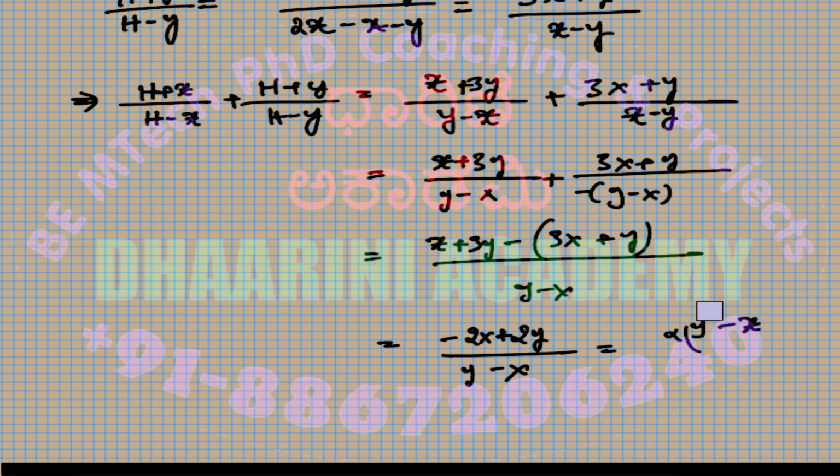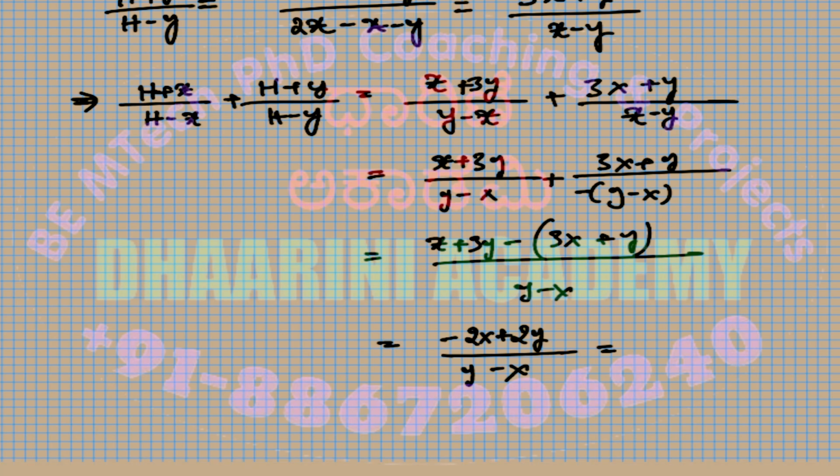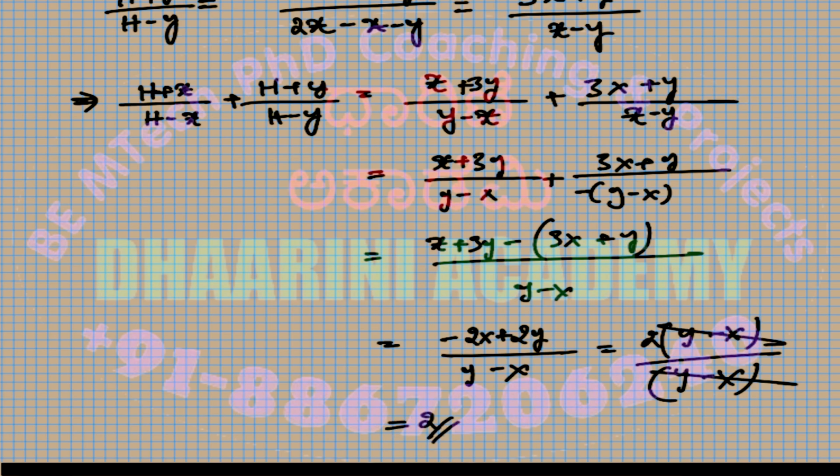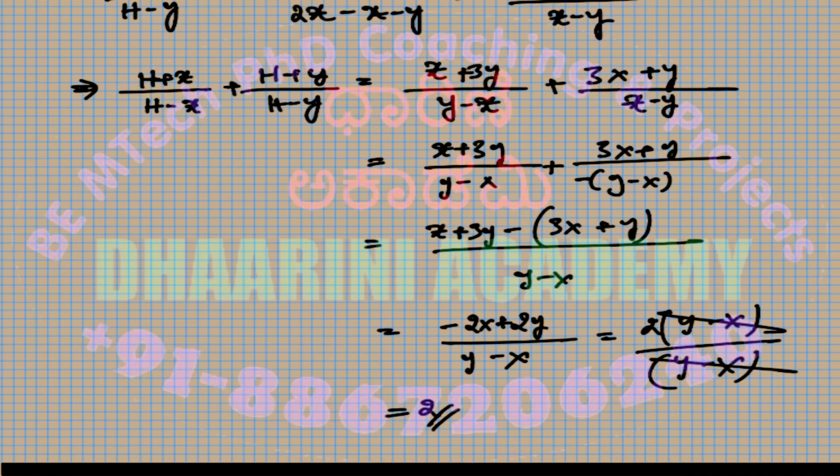Let's write it. So this is equal to, I'm trying to take 2 outside. So this is y minus x. The denominator is also y minus x, right? Cancels out. So the answer is equal to 2, which is there in the answer. Okay, one of the options is 2.